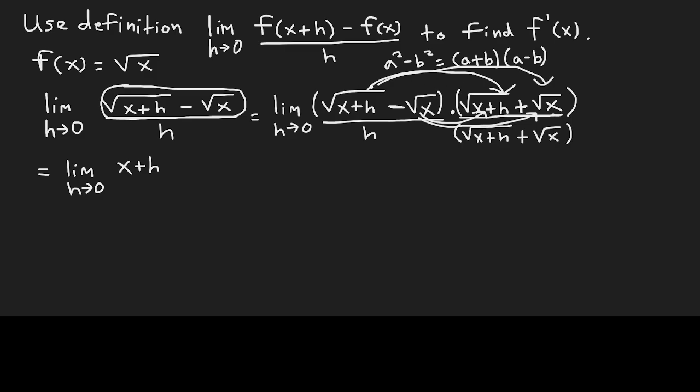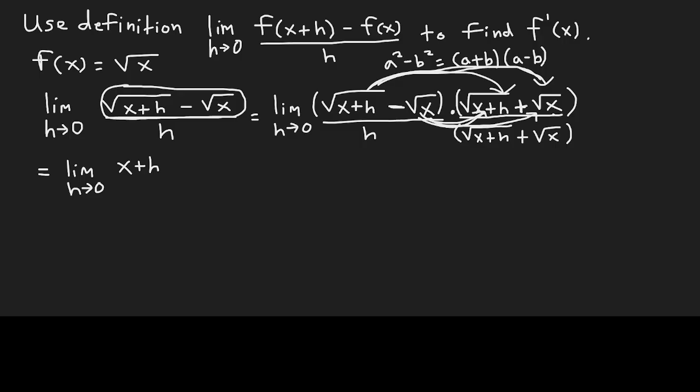The next term, the outside term, is square root of x plus h times square root of x, and minus square root of x times square root of x plus h. These are the exact same terms with opposite signs, so those cancel out, which is great.